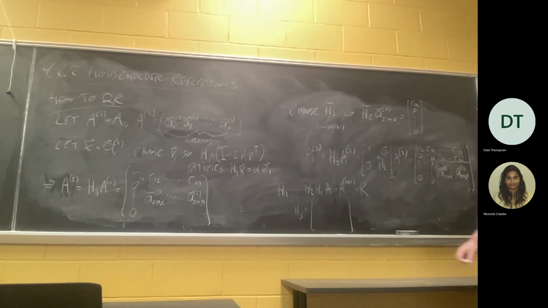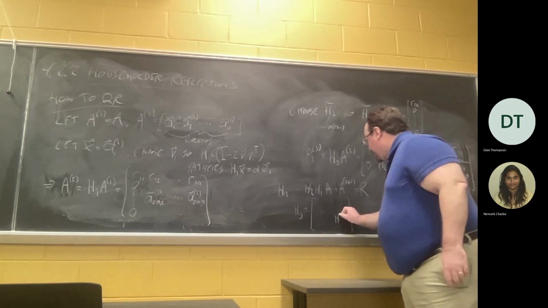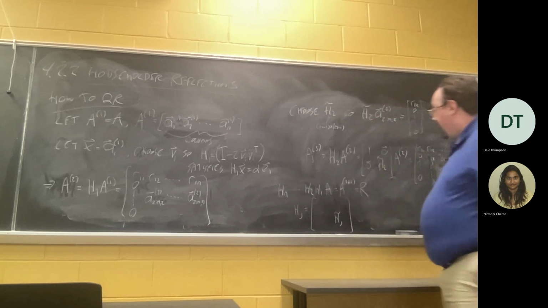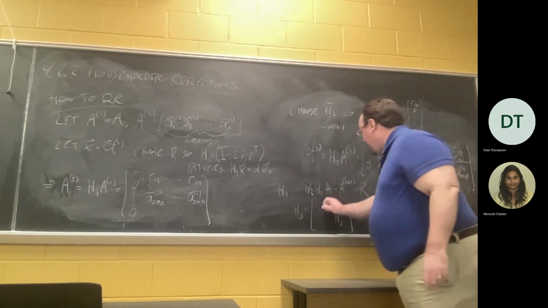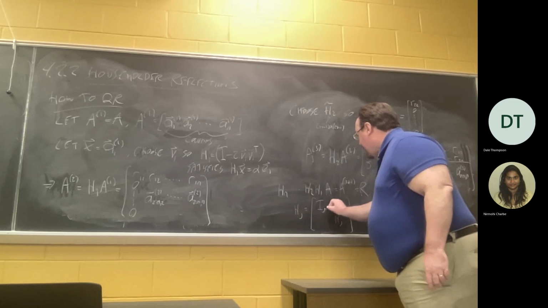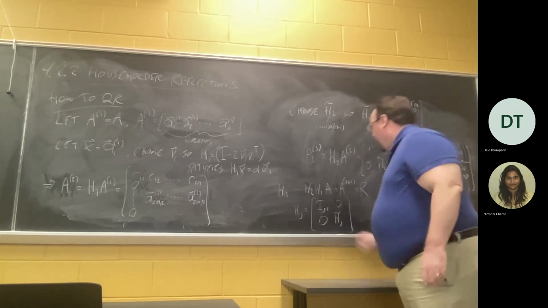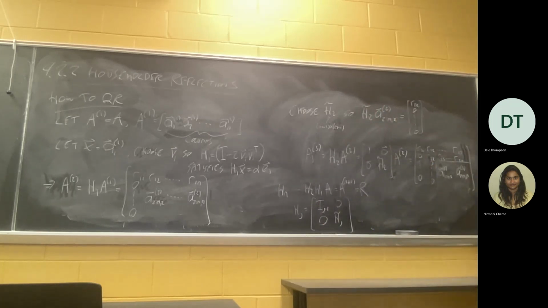We have Hj tilde down here, and we have an identity matrix of size j minus 1 up here.